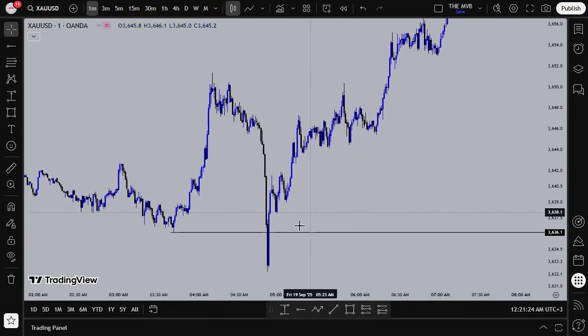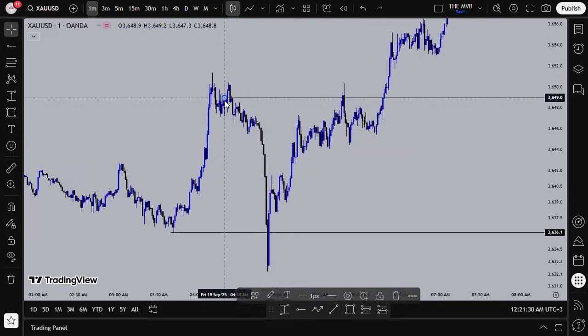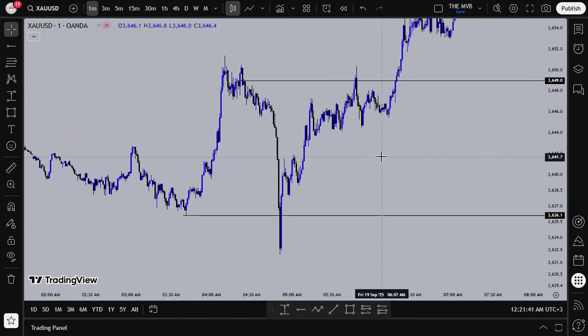But why did the price not respect this? So somebody maybe put the entries here, or maybe using this liquidity engineering here. So somebody may have an entry here. Good, perfect. But the question is, did you verify this structure?